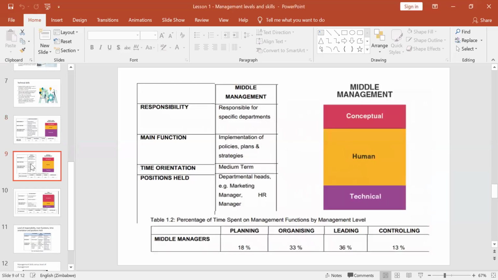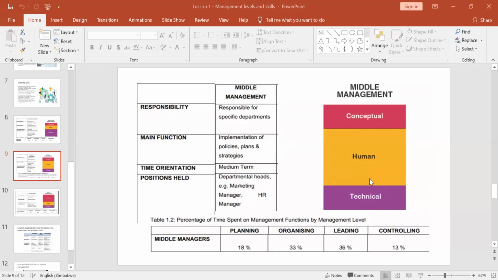Then the middle managers, these are the guys who are in charge of specific departments. They need a lot of human skills, a bit of conceptual and a bit of technical skills. So they also need to understand what's happening on the technical side, but their main function is not to be proficient or to be experts in the production.